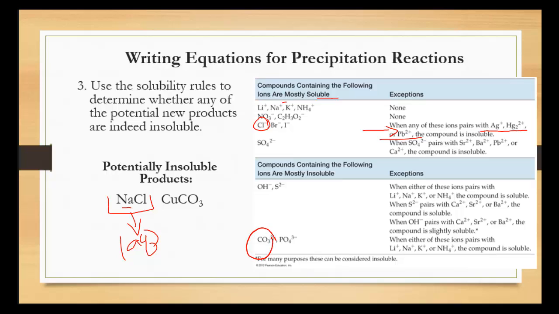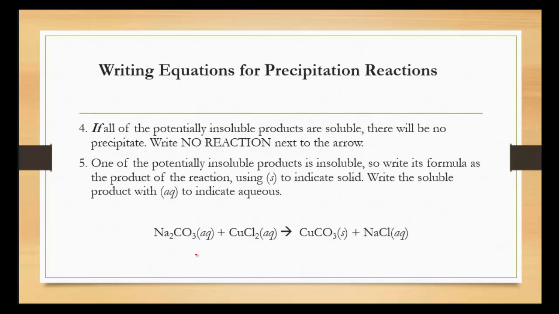It says mostly insoluble, so it's going to form a solid unless it's paired with lithium, sodium, potassium, or ammonium. Well, copper is none of those, so that means that's going to be our solid. That's going to be our precipitate. So notice that we add these letters here to say solid and aqueous. If they both turn out to be AQ, if they're both soluble, you're going to write no reaction instead.